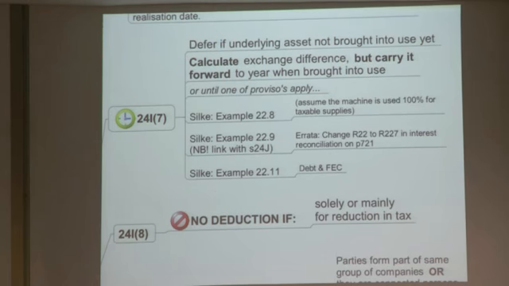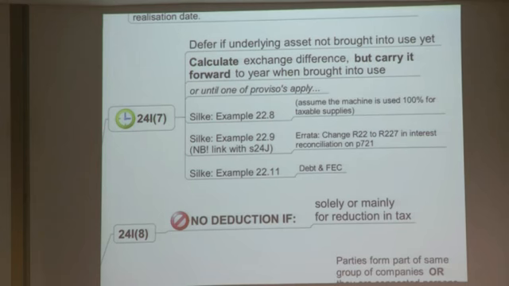But the principle there is whenever we have debt, we said for the debt, we take spot rate on transaction date, and at year end, we have spot rate again, and we take those two as an exchange difference. What happens with interest?